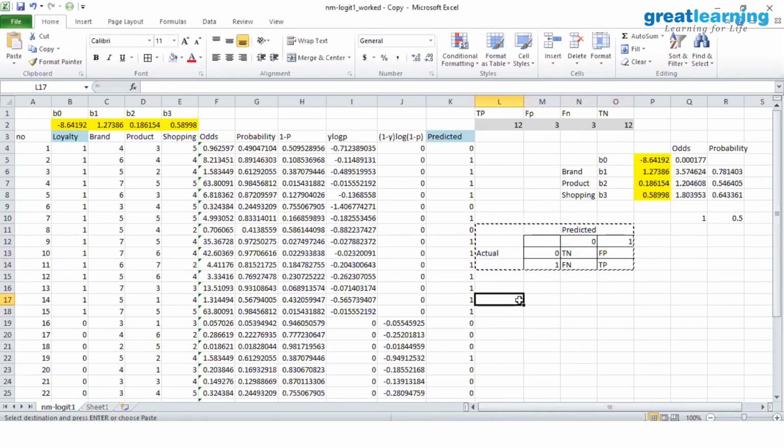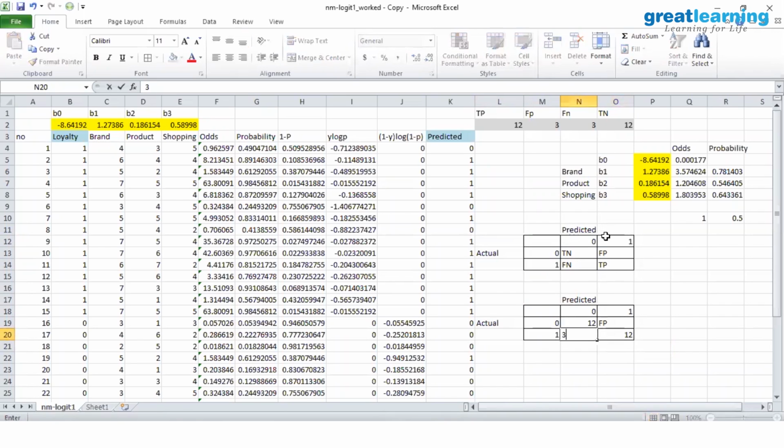Now I'll just copy paste it and plug in the actual values. Truly predicted as positive is 12, truly predicted as negative is 12, 3 and 3.